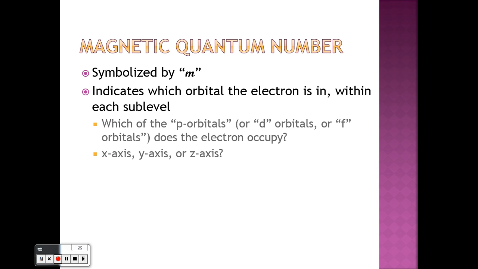We use the lowercase letter m to represent the magnetic quantum number. In terms of a description, it tells us if we have multiple p orbitals, which p orbital are we talking about? Or if we have multiple d orbitals, which d orbital are we talking about? Okay?